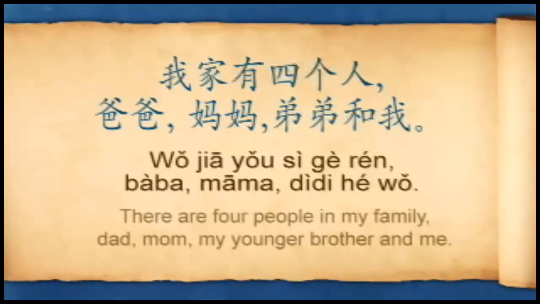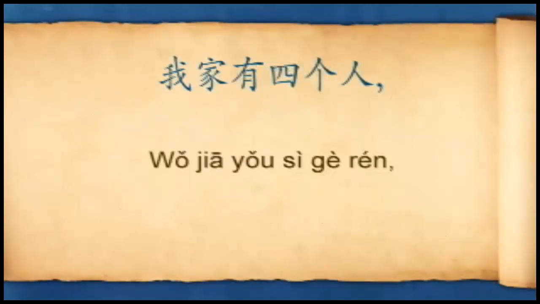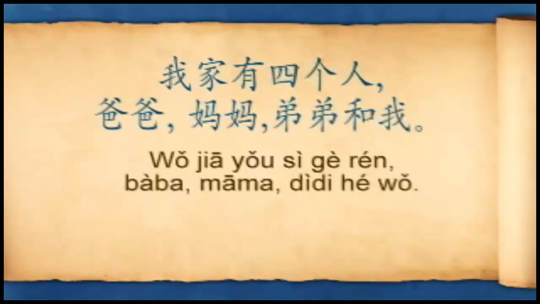Let's say the sentence together. 我家有4个人，爸爸、妈妈、弟弟和我。Great. Now, let's go over the vocabulary.